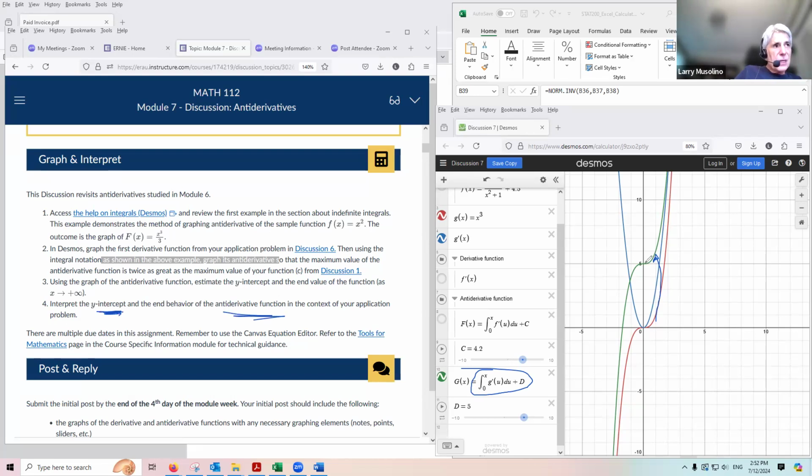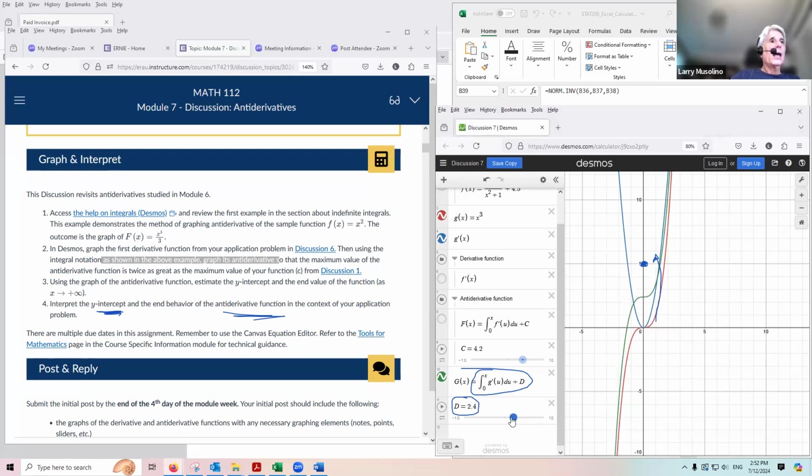Well, if you notice here, the y-intercept is 5, and that corresponds to the value of d, this constant. And of course, you can modify d. All I have to do is change the slider, and it'll shift the y-intercept up or down according to the value of this constant d.